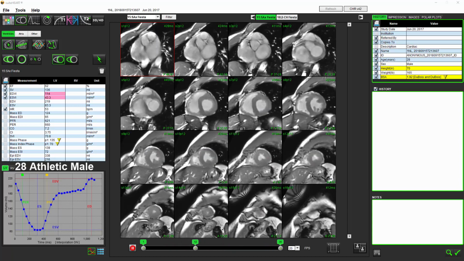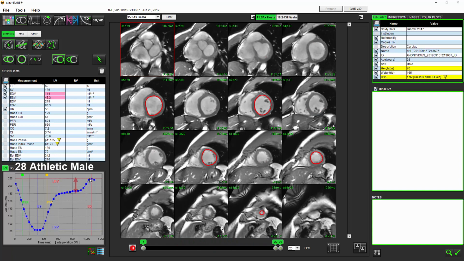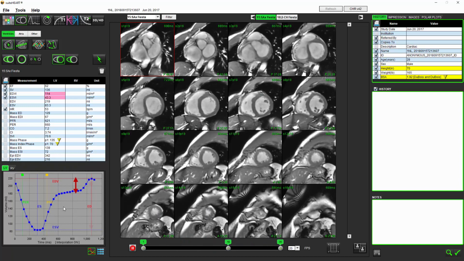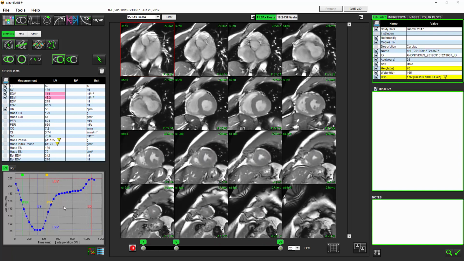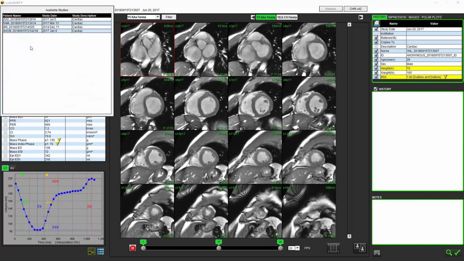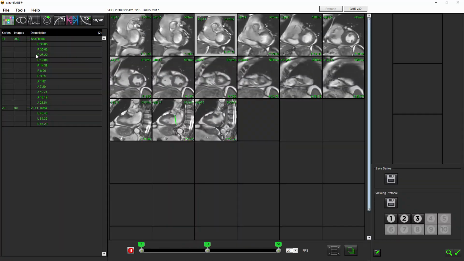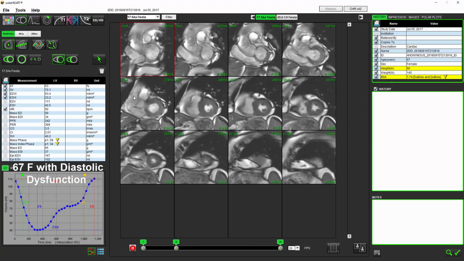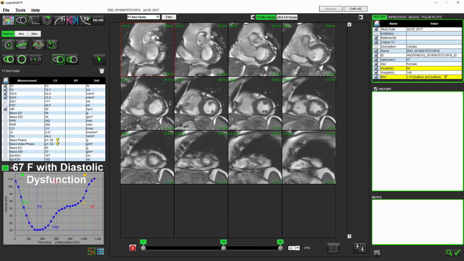Now in this healthy 28-year-old, you can see atrial contraction contributes a small percentage of the total filling of the left ventricle. Now let's contrast that with the next patient. I'm going to switch here to a 67-year-old woman who has diastolic dysfunction.